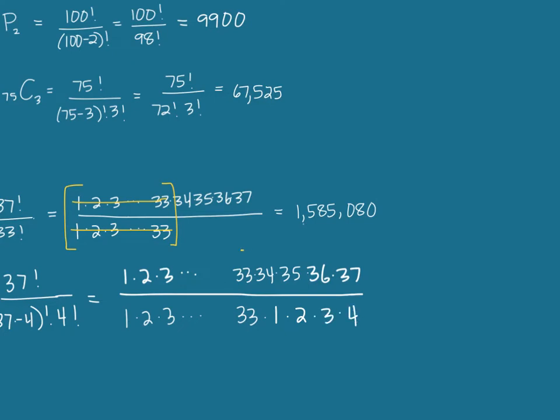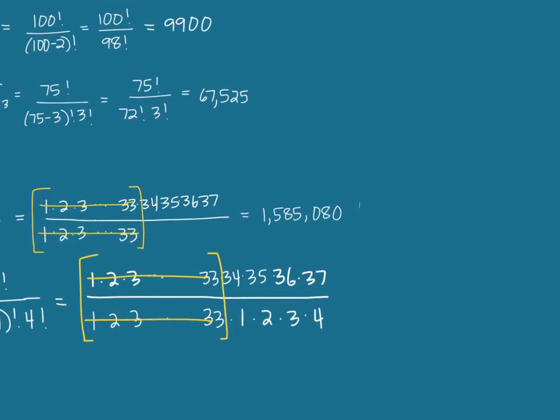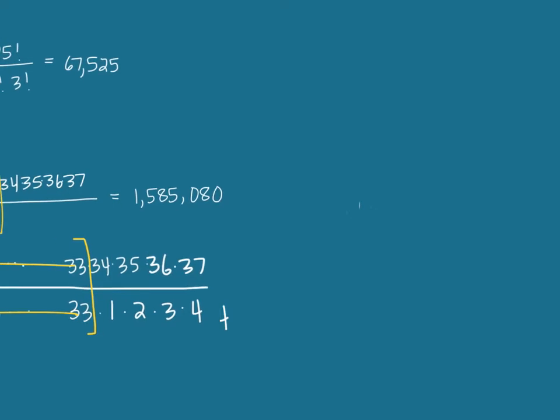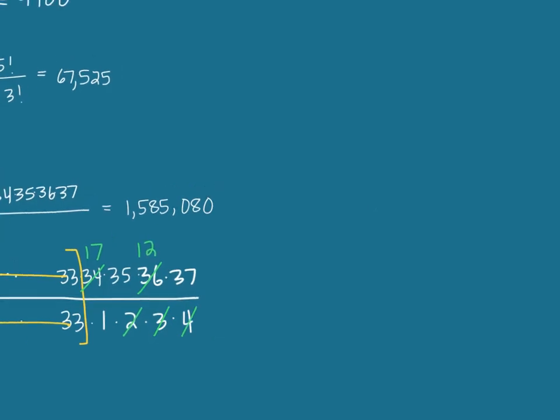And so although the first 33 completely reduce, we have some other numbers that might be able to reduce as well. So 2 reduces into 34, leaving you with 17. 3 reduces into 36, leaving me with 12. 4 reduces into 12, leaving me with 3.